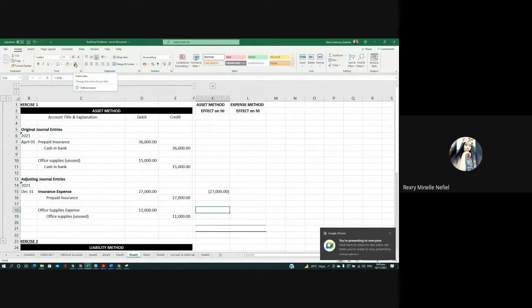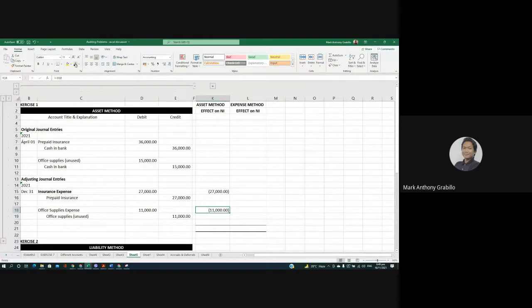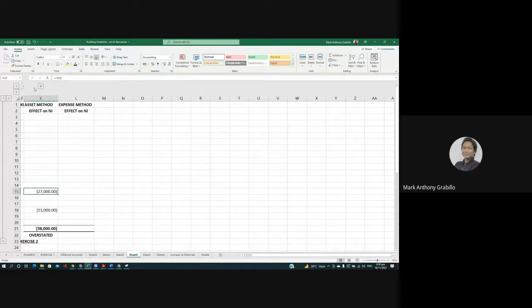Overstated po ng 11,000. That's correct. So ibabawas din natin siya. How much will be the total overstatement? 38,000 pesos. Overstated. That's correct.